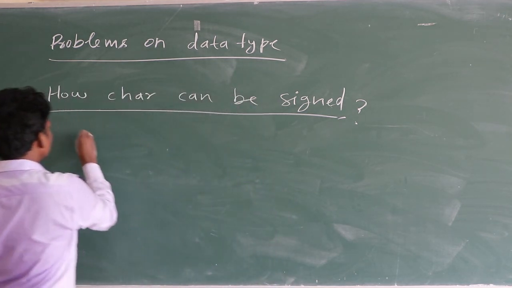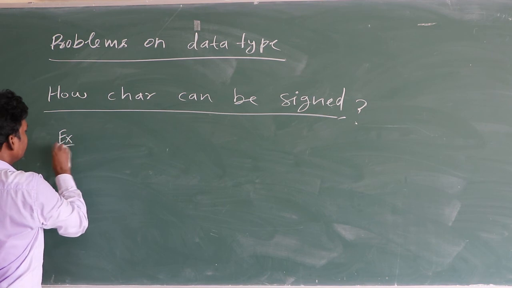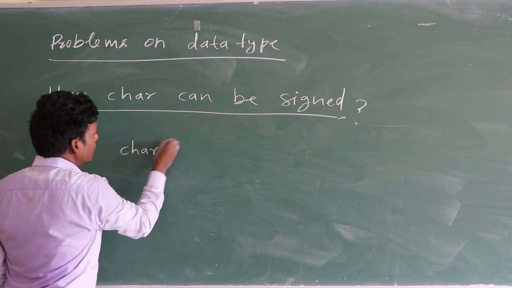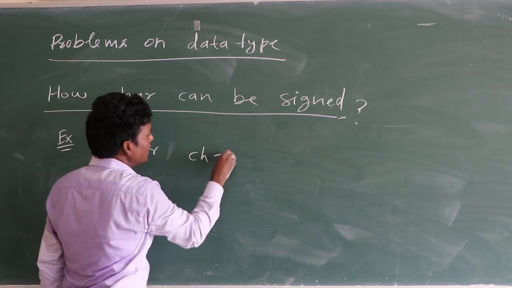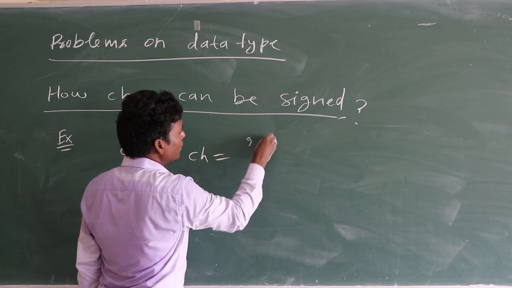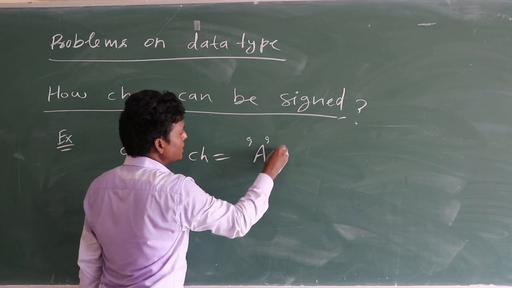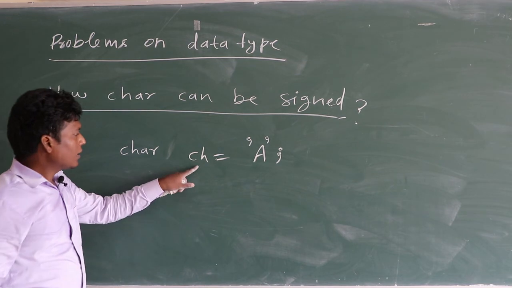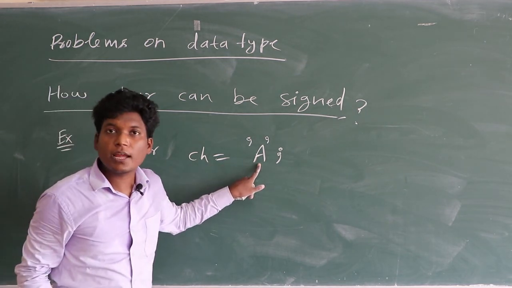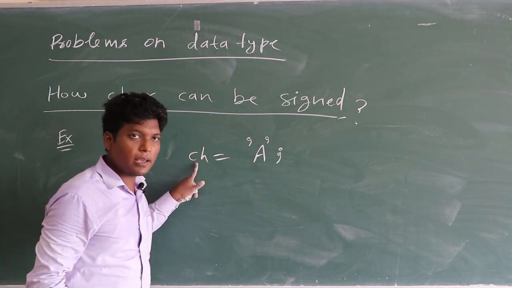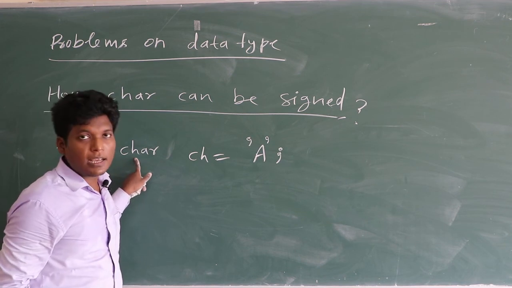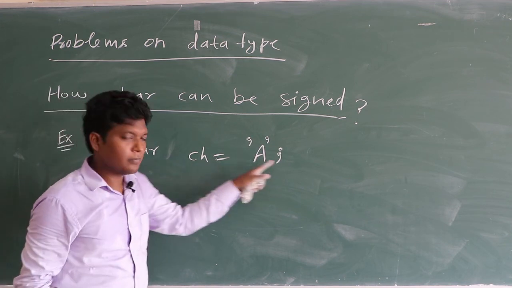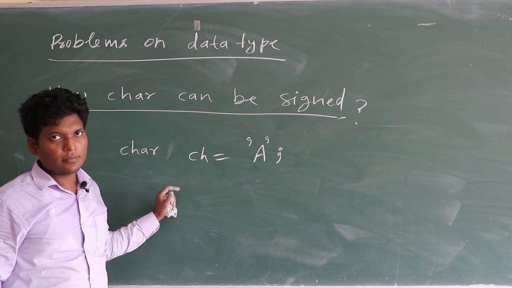For example, char ch equal to 'a'. Here you may see 'a' is a character constant, ch is a character variable, and char is a data type. All are the same, so there will be no error.